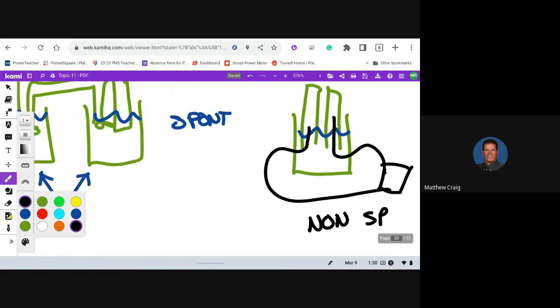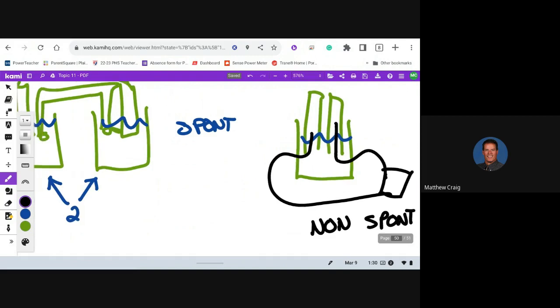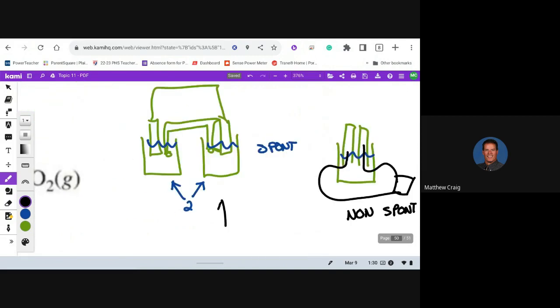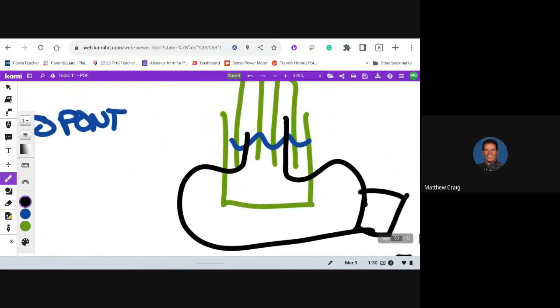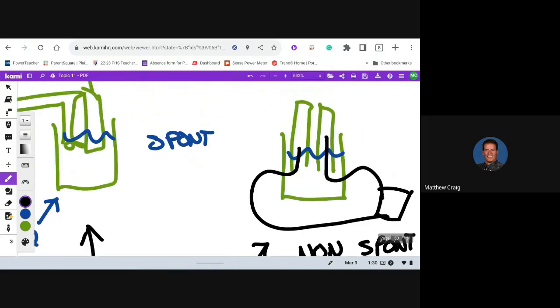Non-spontaneous, okay? So one thing I want you to recognize is, actually a couple things to recognize. We have 2 chambers here on the left, and we have 1 chamber here on the right, okay? Bless you. Do we have a salt bridge with this beautiful drawing on the right? No. Is there an oxidation reduction reaction taking place in the chamber on the right? Oxidation reduction. Is there oxidation reduction taking place in the design on the right?